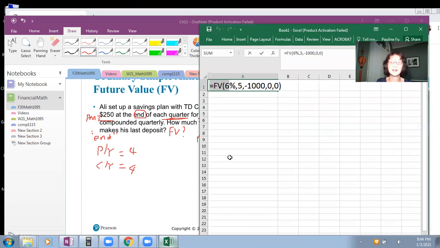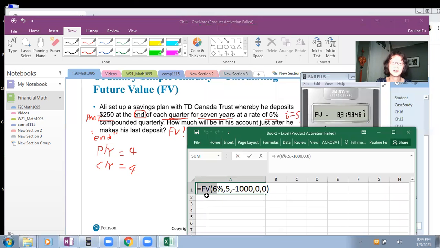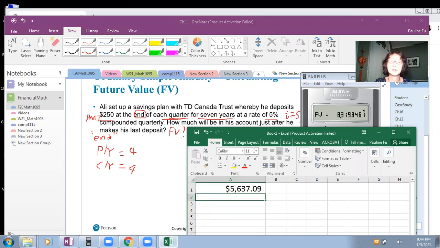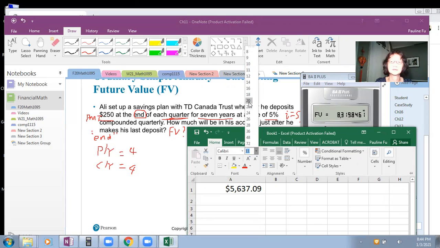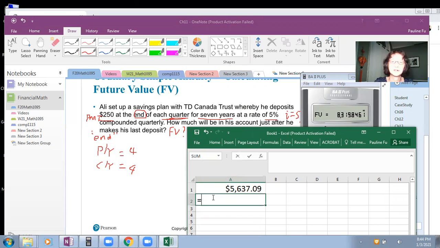Now use Excel. I'm going to do it here. Okay. So equal FV, rate is 5% divided by 4.